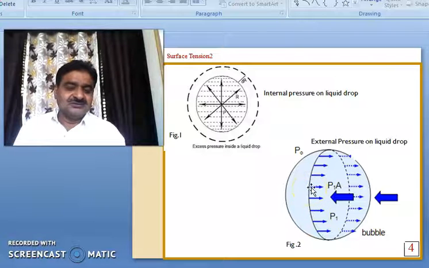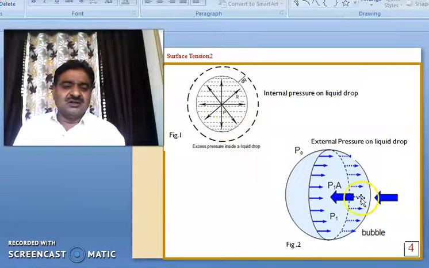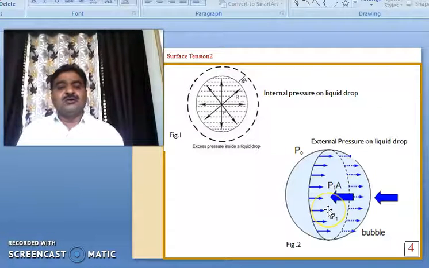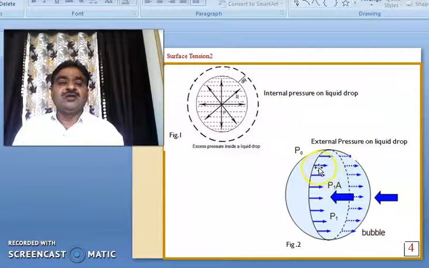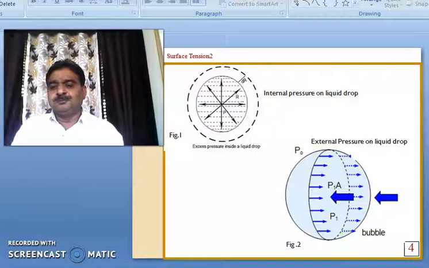This is the internal pressure and this is the external pressure. Figure 2 shows external pressure on liquid drop. Figure 1 shows internal pressure on liquid drop. And here you imagine that this is nothing but surface tension on the surface of the liquid drop.